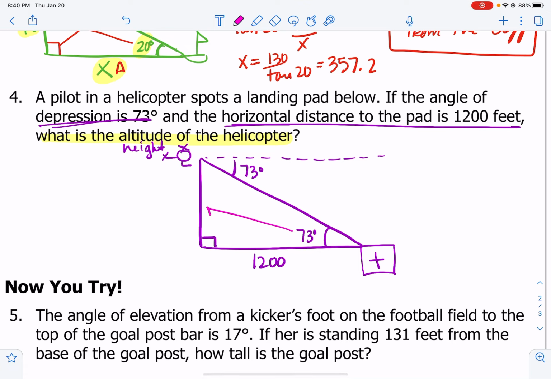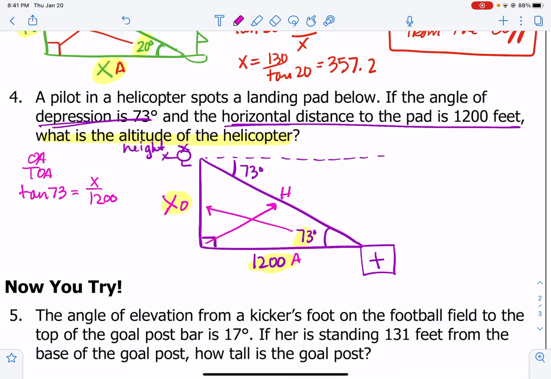So this is opposite. That's the X that I need. This is my hypotenuse, and this is adjacent. I have opposite and adjacent and an angle. So O and A, TOA, tangent 73 equals X over 1,200.